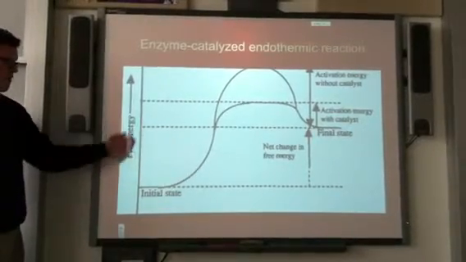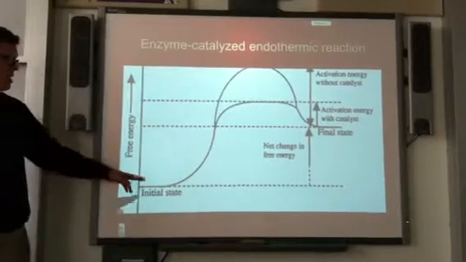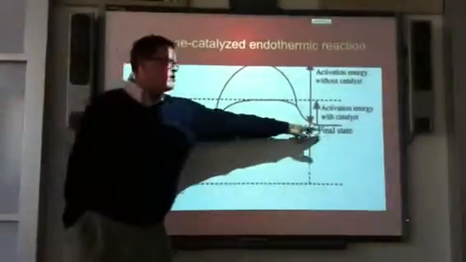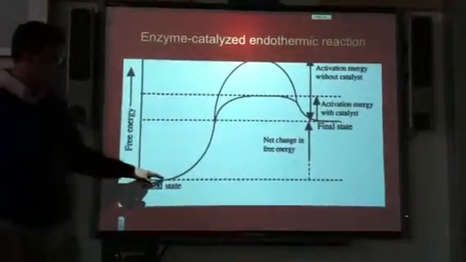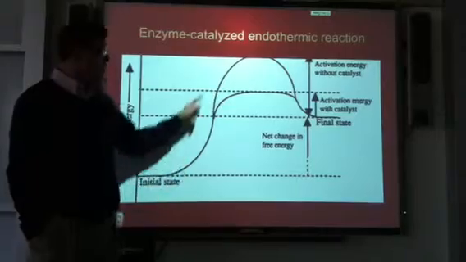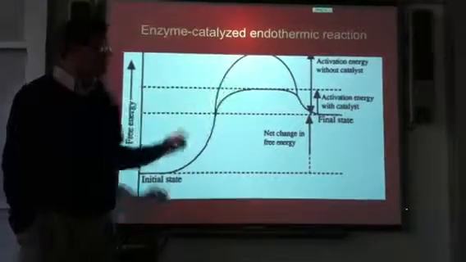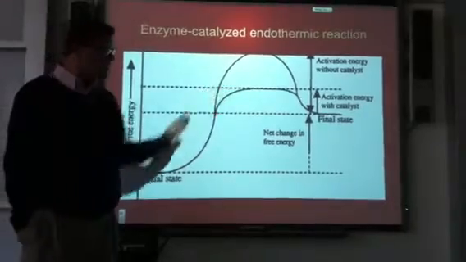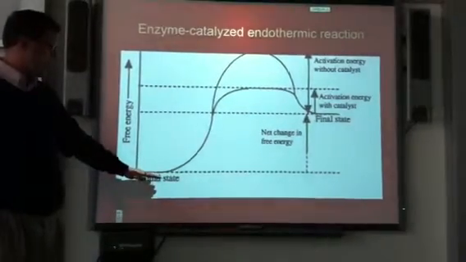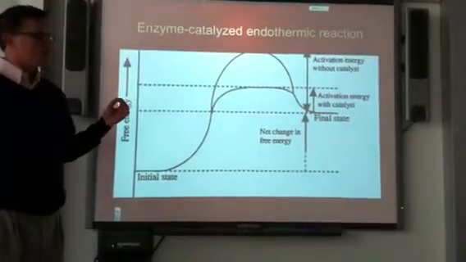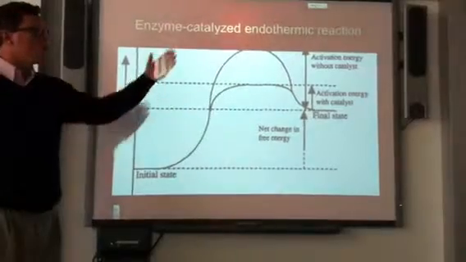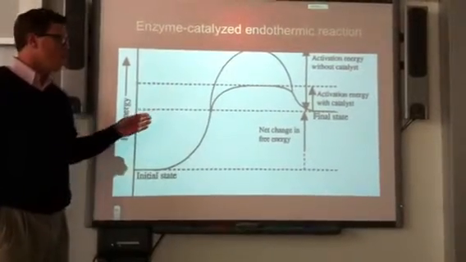In this case, again, free energy and time on the axes, but in this case, the initial state or the energy of the reactants is lower than the final state or the energy of the products.